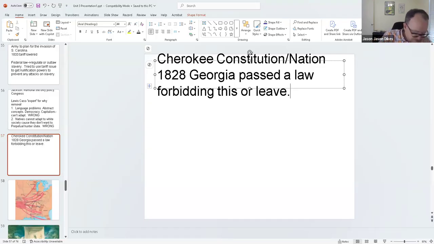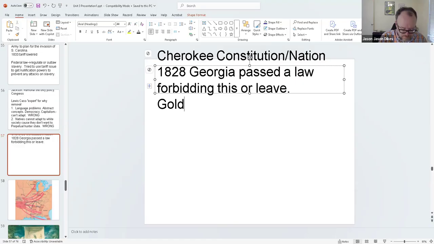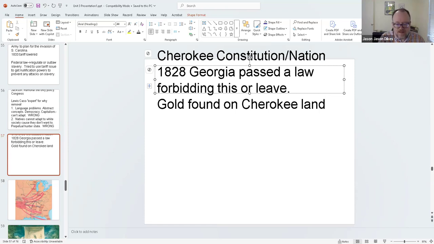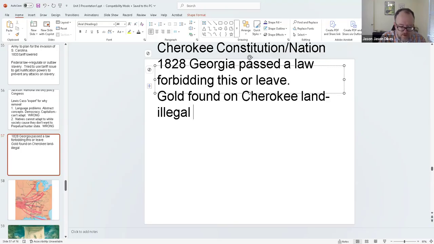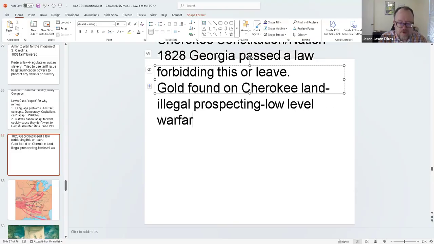The other problem is that gold had been found on Cherokee land. So illegal prospecting was being done, and this had led to sort of a low-level war between the Cherokee and the white folk.